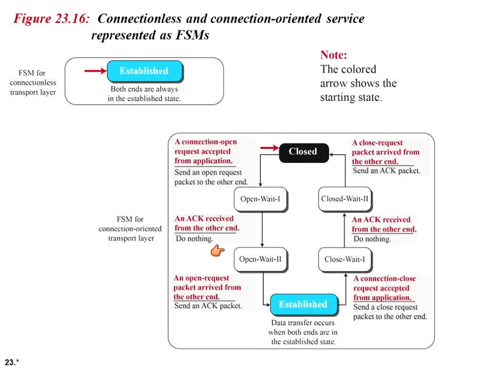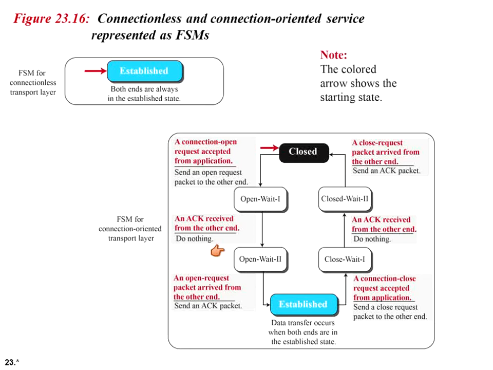Now data and data acknowledgement can be exchanged between the two ends when they are both in the established state. So we need to remember that the established state, both in connectionless and connection-oriented transport layers, represents a set of data transfer states.